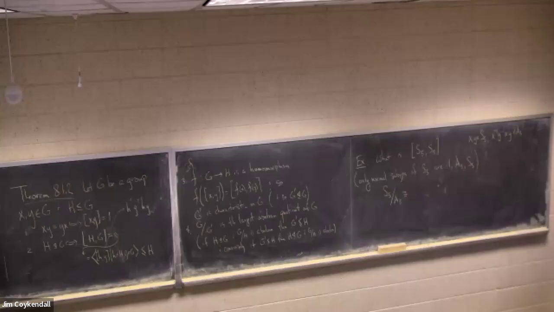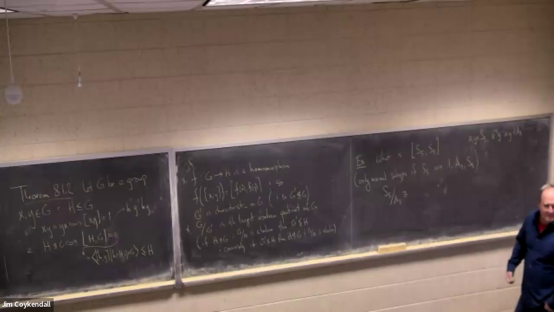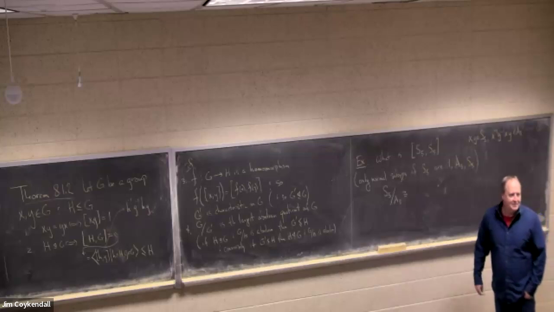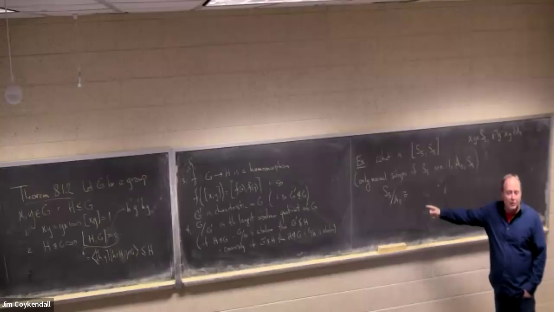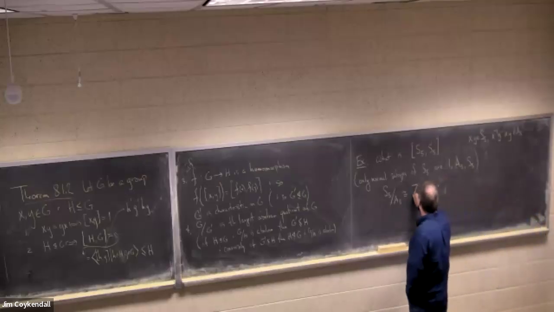How many left cosets of A5 are there in S5? Two, that's right. How many groups of order 2 are there? This quotient has 2 elements, so it has to be isomorphic to C2.